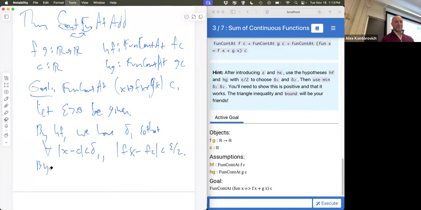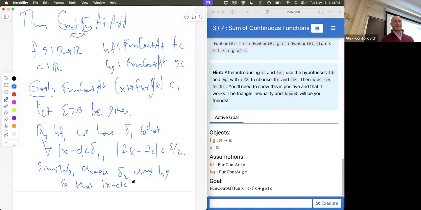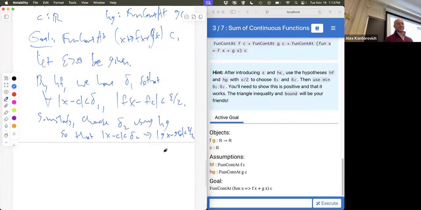Similarly, choose delta 2 using HG so that x minus c less than delta 2 implies g of x minus g of c is less than epsilon over 2. Then use delta equals min of delta 1 delta 2.